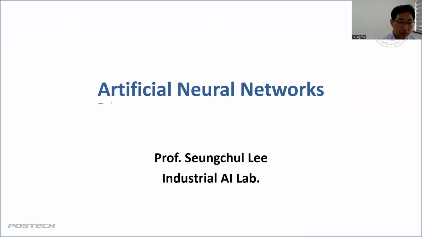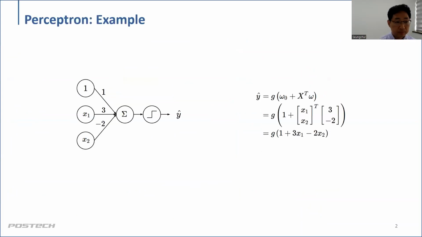All right, so the topic is artificial neural net. Again, I think you guys remember the perceptron. That was way back, even before the midterm exams. I think that was the first concept that I introduced when I discussed classification problems.